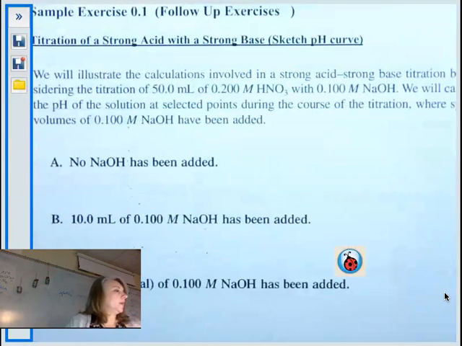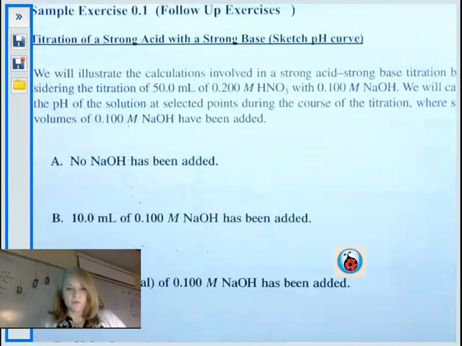Okay, guys and ladies, what we do need is some graph paper real quick. We're going to be sketching some titration curves.